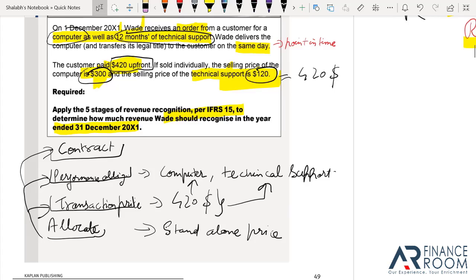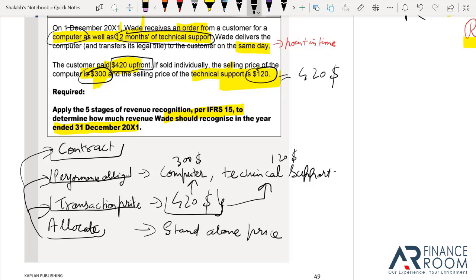Here it's very easy for us to allocate this $420 in the ratio of $300 to $120. $300 for the computer and $120 for technical support, because that's what their standalone price is.